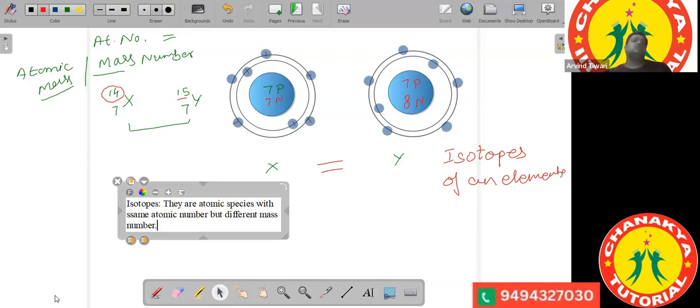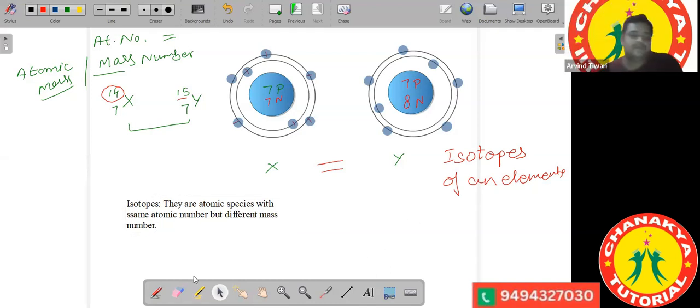So these two species, X and Y, are isotopes. And actually, they are the same element since they show the same properties. Therefore, we represent them with the same atomic symbol, right?